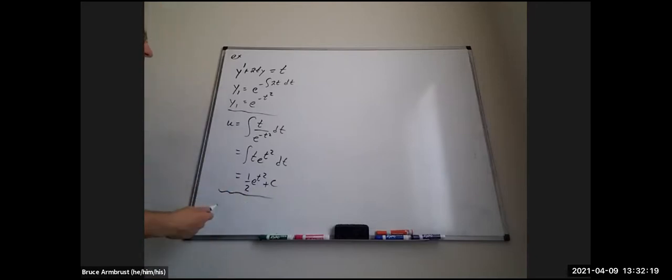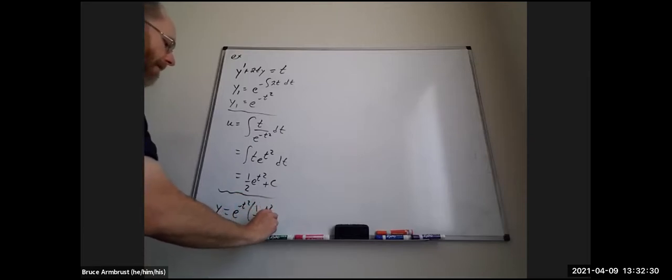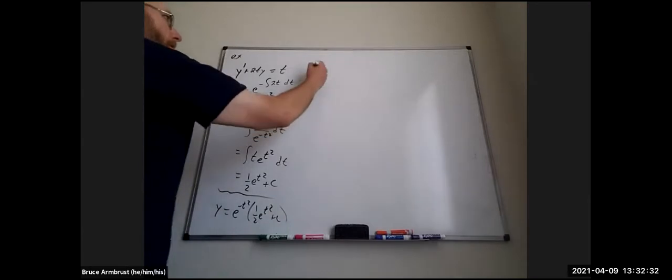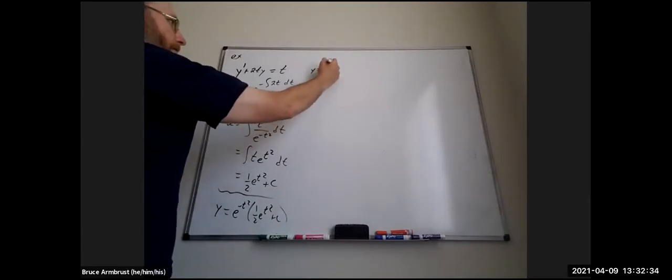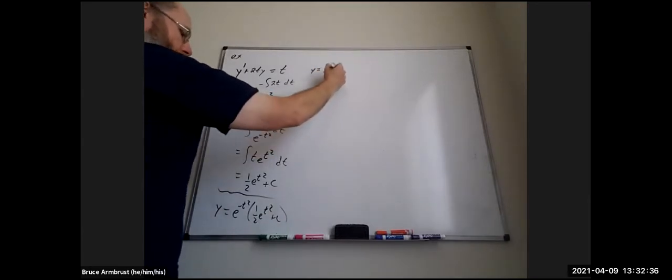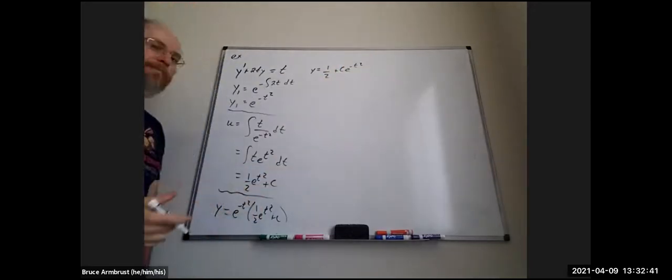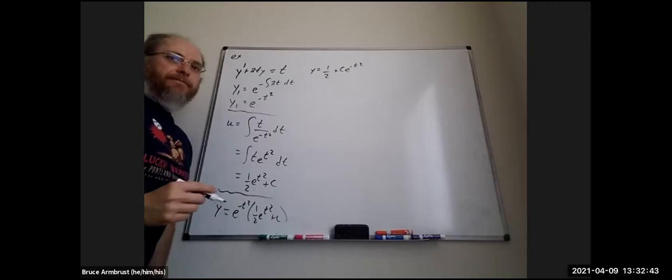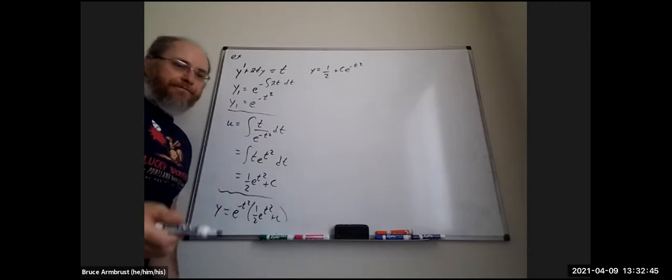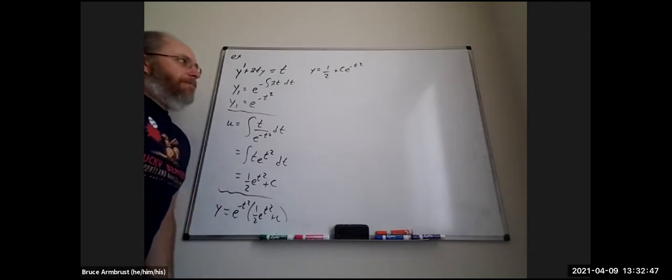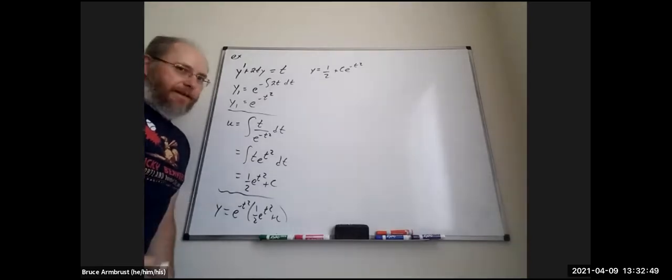So then we finish this off by multiplying the u times the y1. And so we get that our general solution is e to the minus t squared times 1/2 e to the t squared plus c, which is just 1/2 plus c e to the minus t squared. Right? Okay, so no big deal. Nice and easy process, same thing every time.